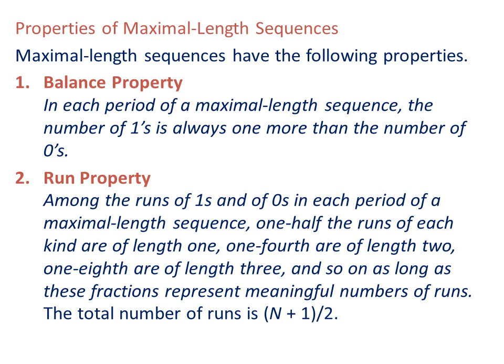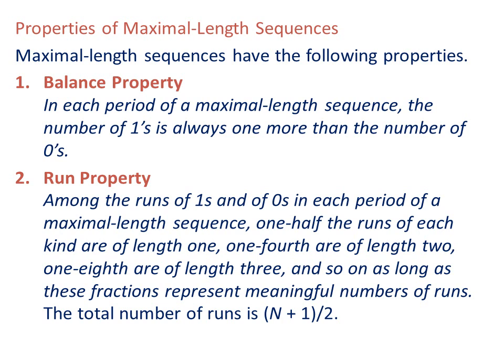The second property is run property. What exactly it explains is, among the runs of ones and of zeros in each period of a maximum length sequence, one half of the runs of each kind are of length 1, 1/4 are of length 2, 1/8 are of length 3, and so on, as long as these fractions represent a meaningful number of runs, and the total number of runs is equal to (n plus 1) by 2.